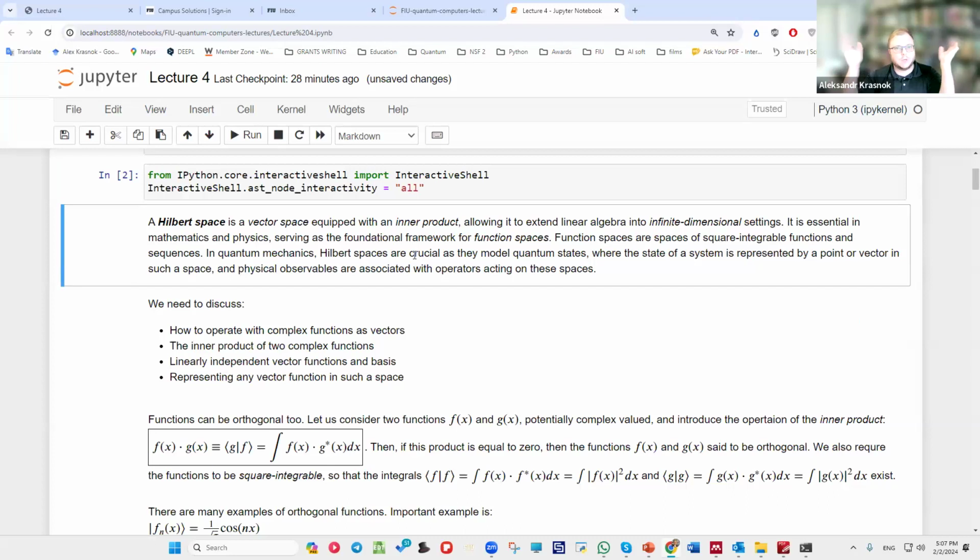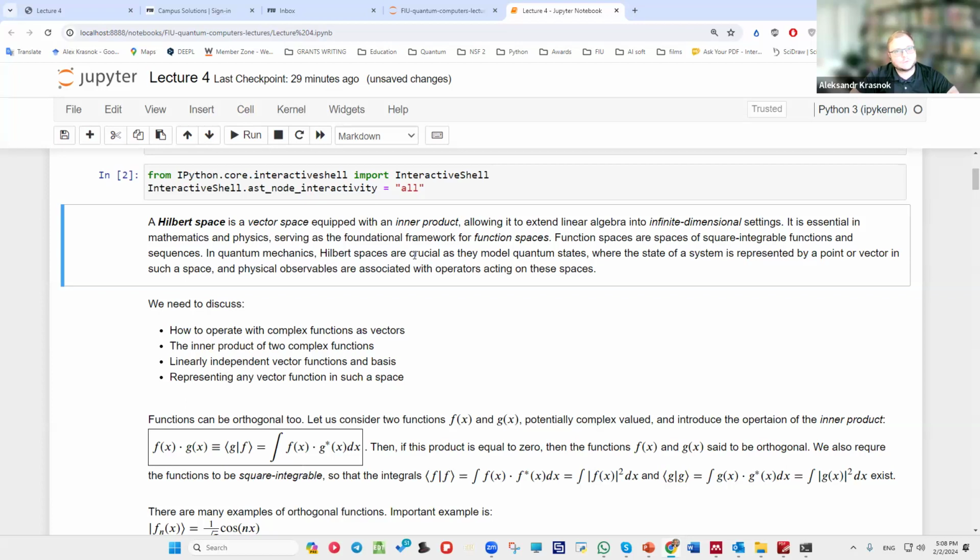All right, so Hilbert space: what it is and why we need it. The Hilbert space is a vector space equipped with an inner product of vectors and functions, let's say broadly. And the vectors and functions can be complex valued, okay?